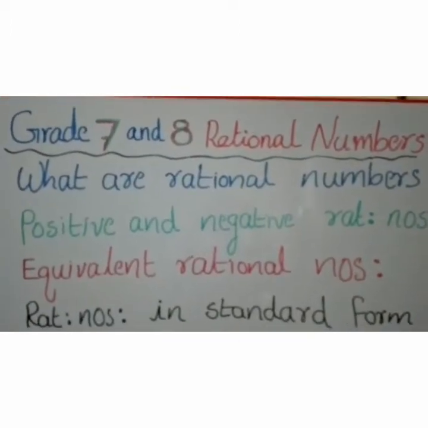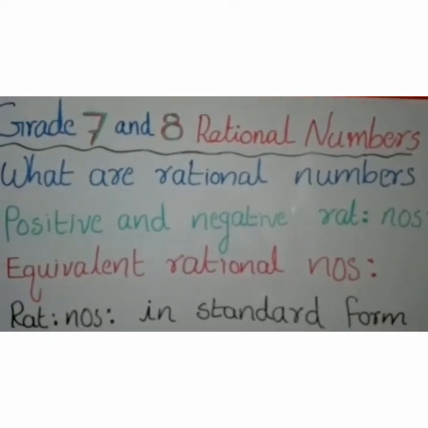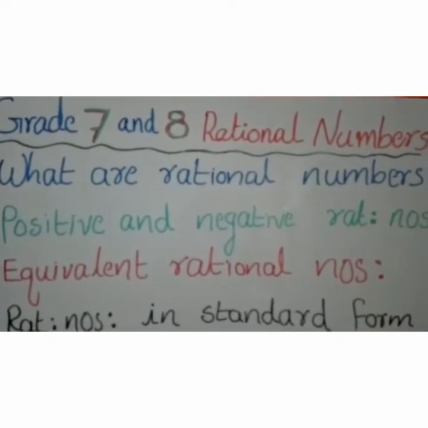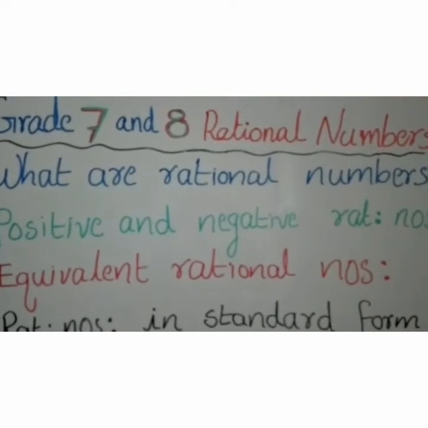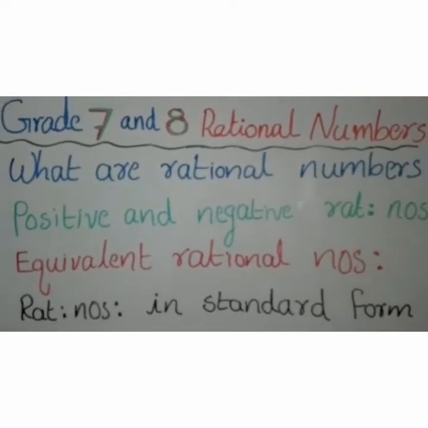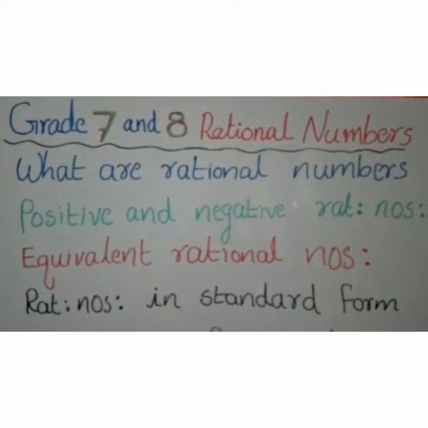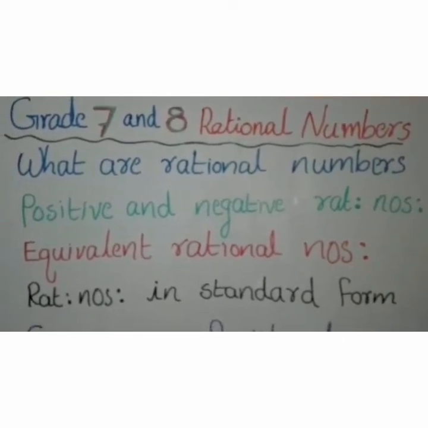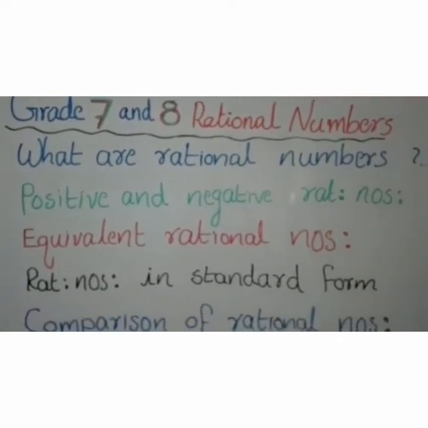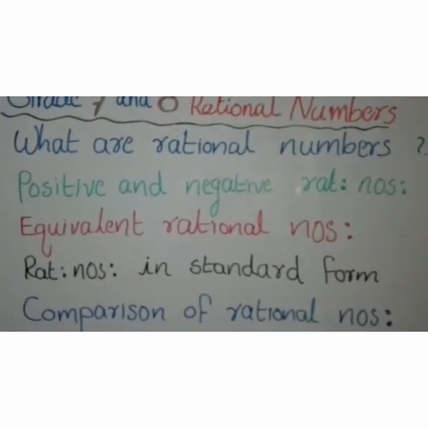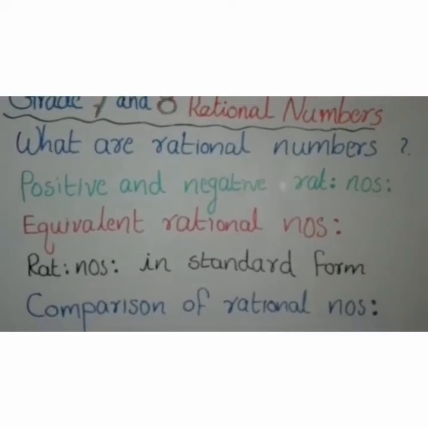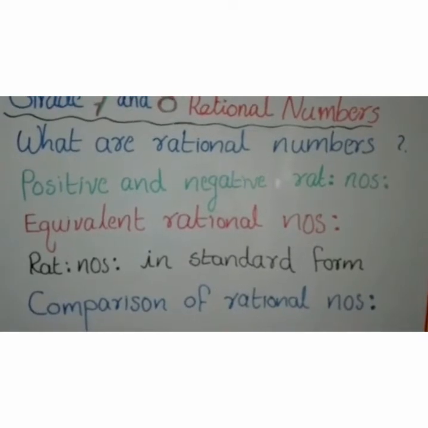In this class, we are going to discuss, in rational numbers, what are rational numbers? Then positive and negative rational numbers. Then equivalent rational numbers. Then rational numbers in standard form.